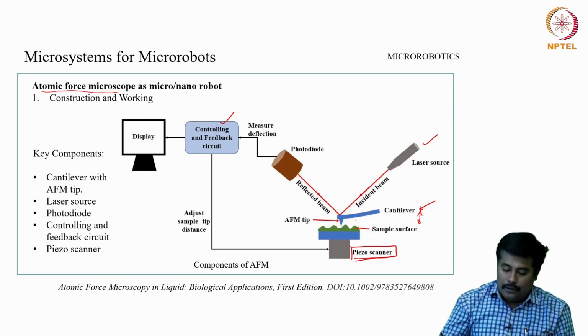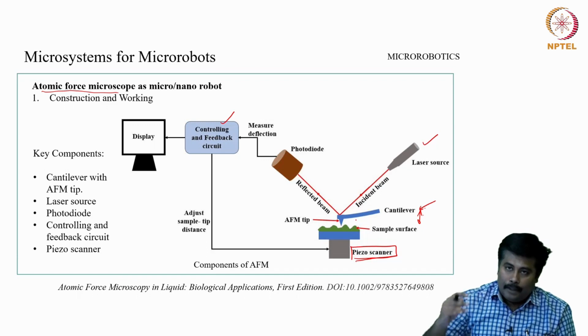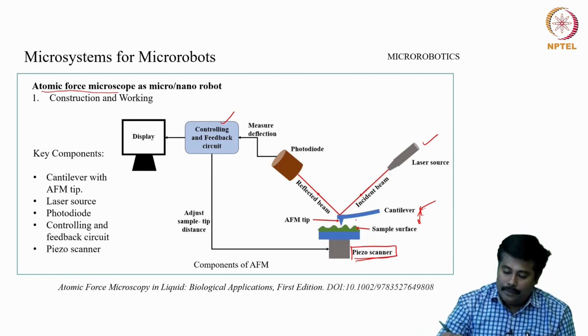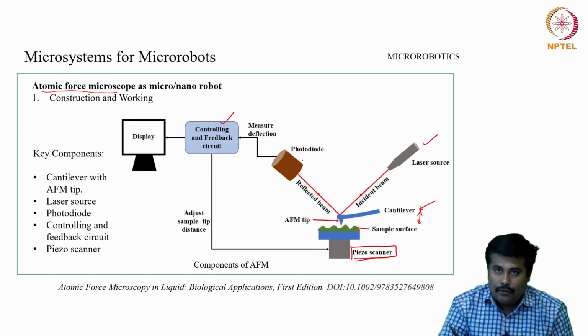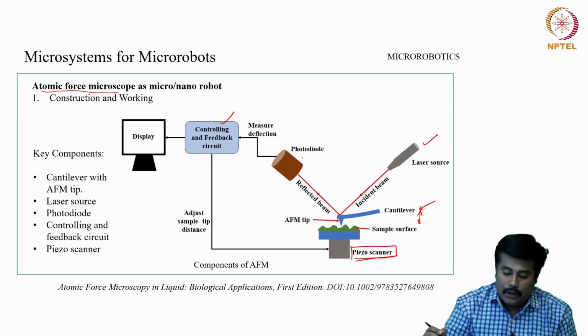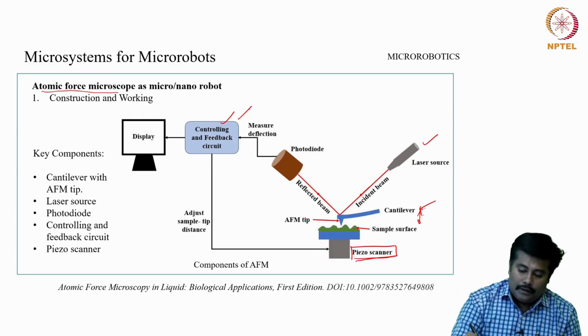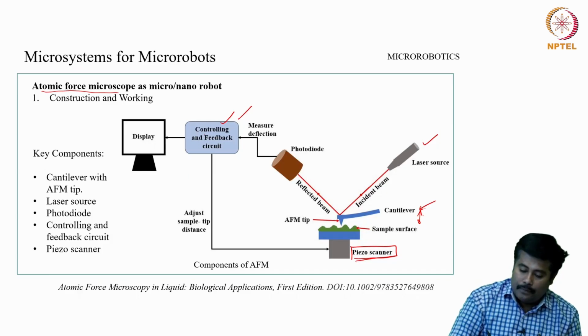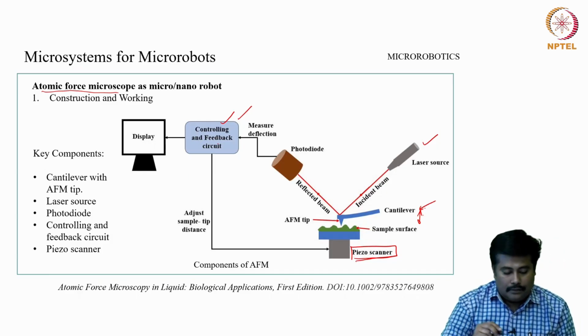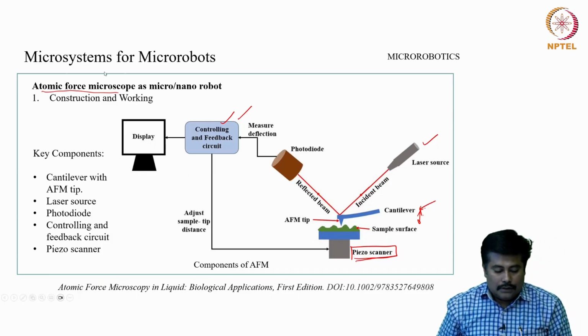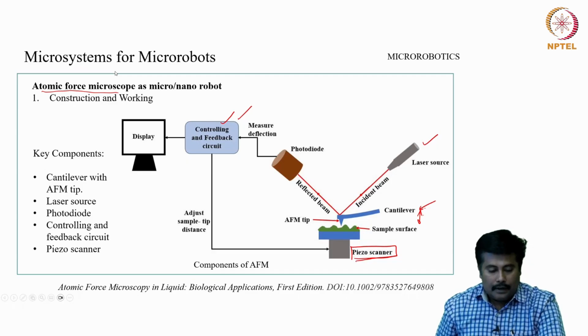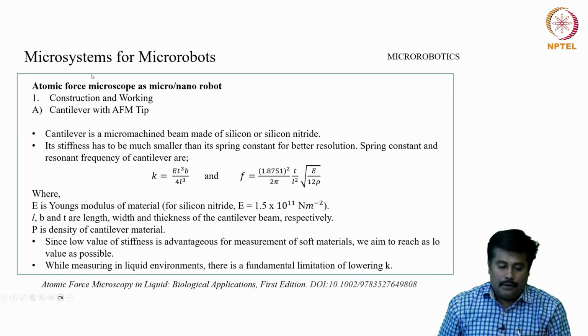That is the reason the overall motion of the cantilever beam is sensed using a photodiode, and the feedback gets two signals: one from the piezo sensor and the other from the photodiode. Both are interfaced and appropriately the control strategies are deployed.